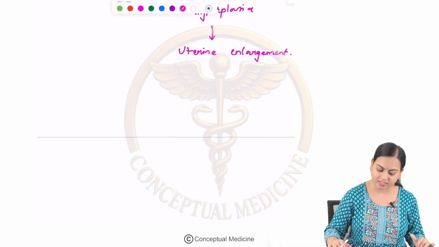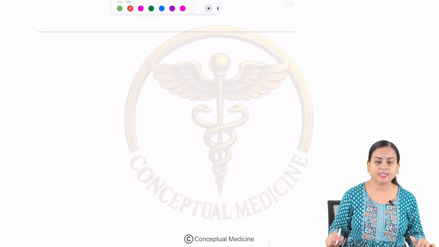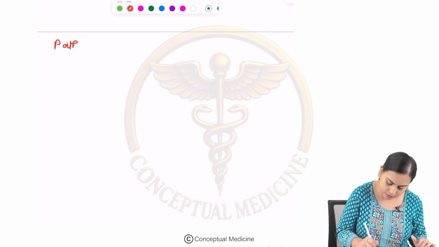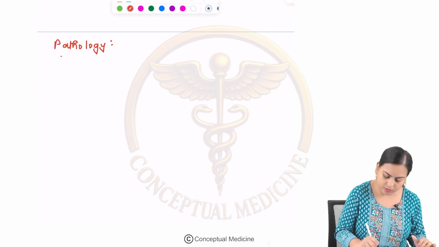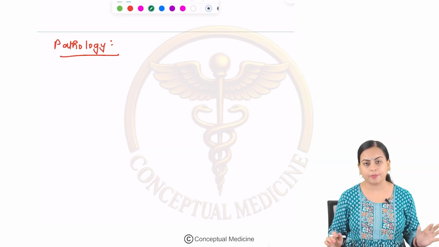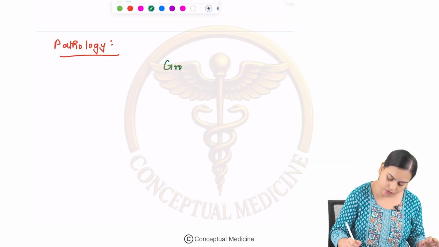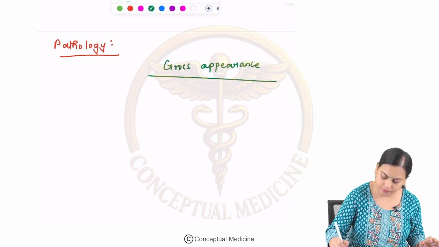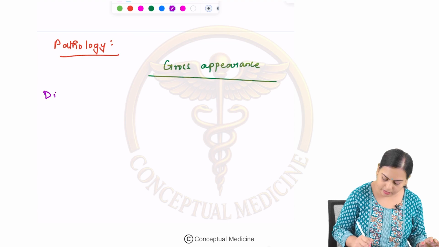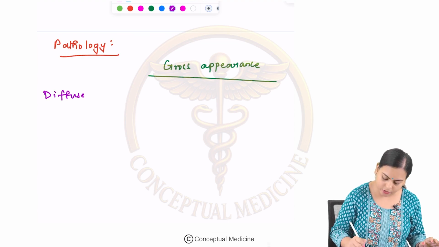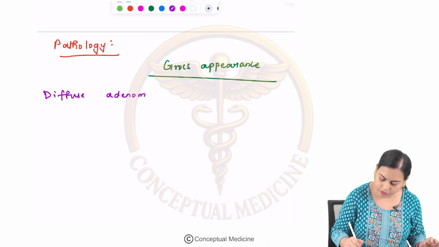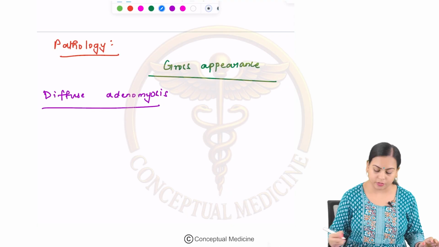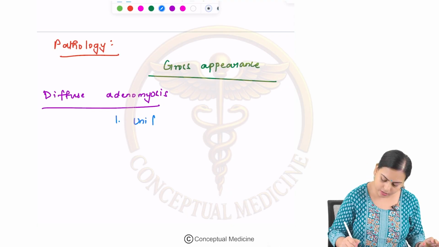Clear? Right. Now, let's discuss the pathology of adenomyosis. How will be the gross appearance of adenomyosis? When there is a diffuse adenomyosis, you will have uniform enlargement of the uterus.